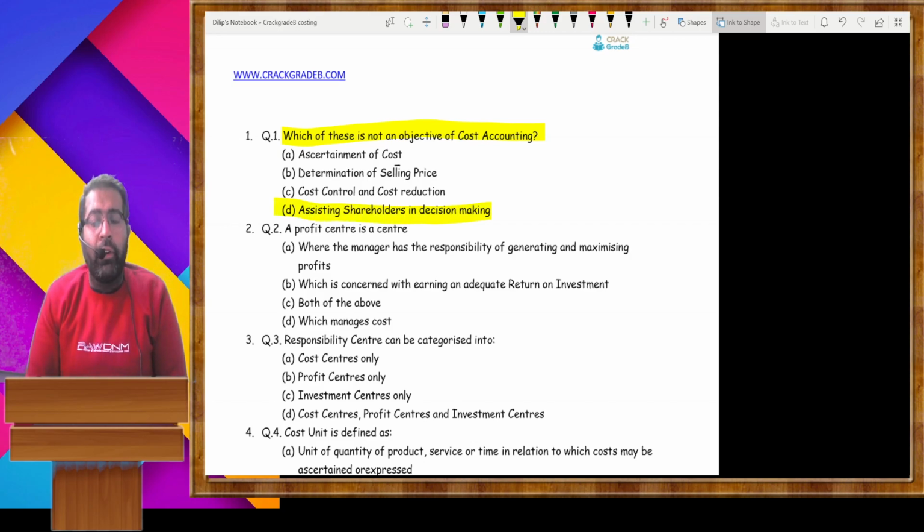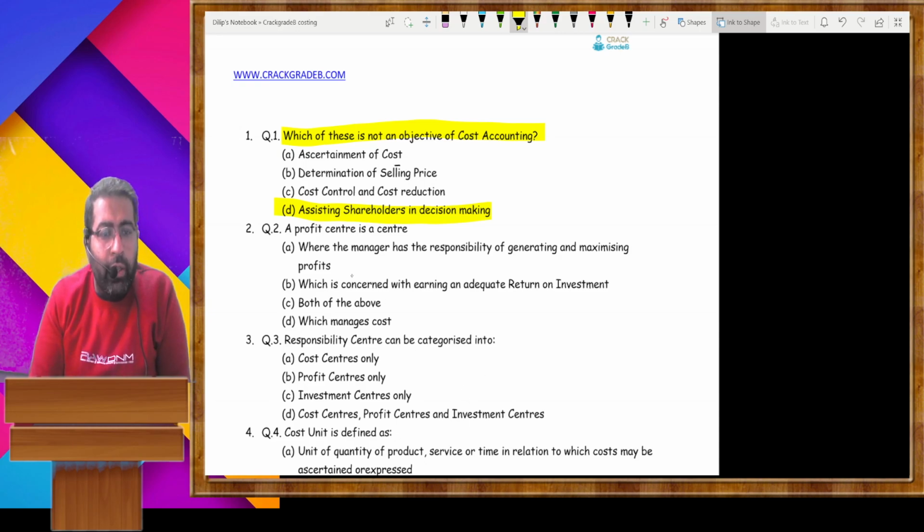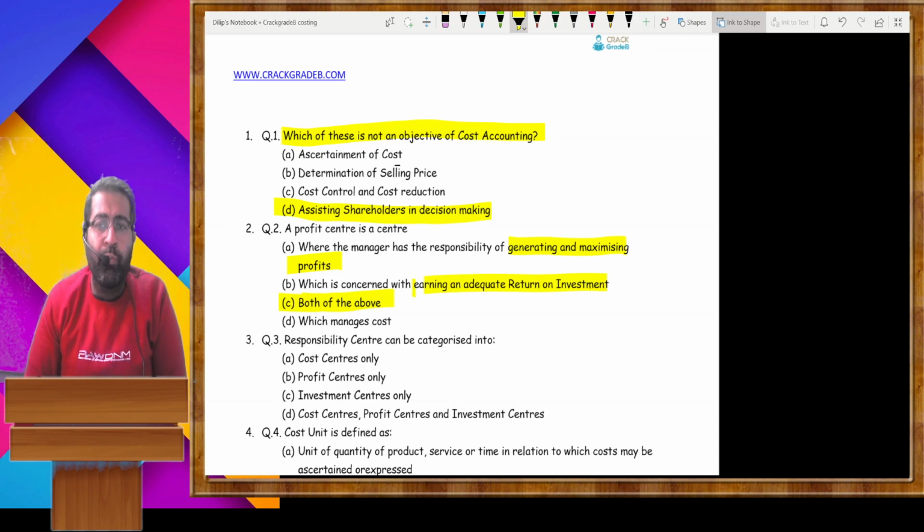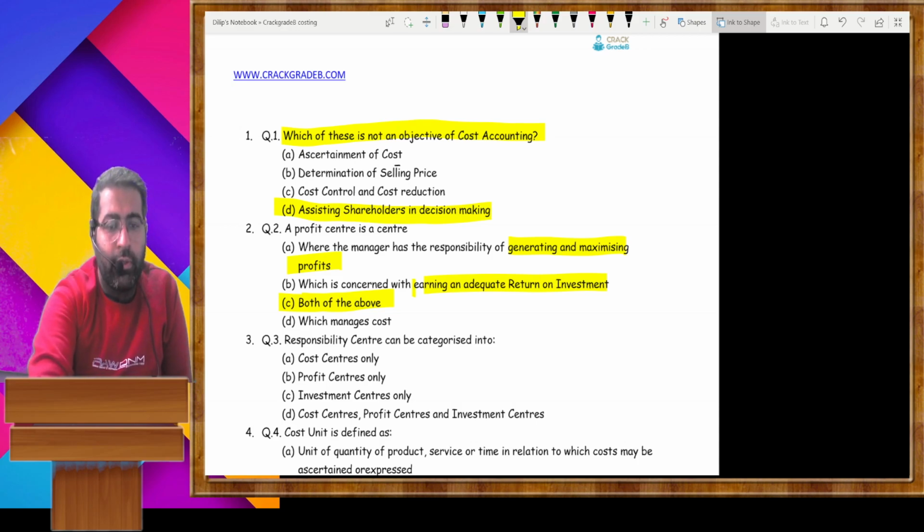A profit center, where we discuss about the profit, where the manager has the responsibility of generating and maximizing the profit. Yes, it is correct. Which is concerned with earning an adequate return on investment, it is also correct. So both of the above, yes, this is the answer.